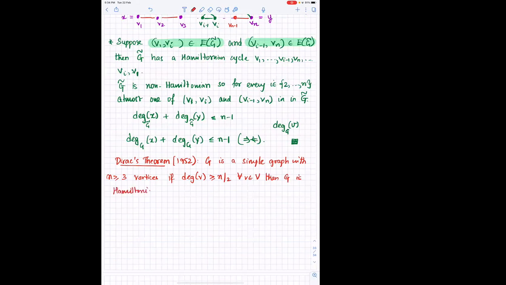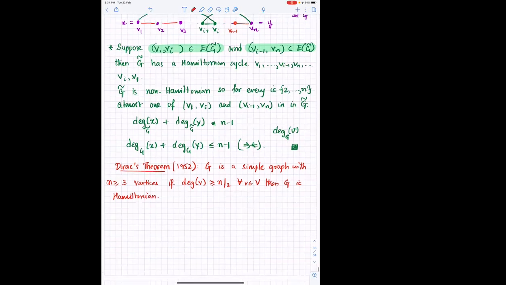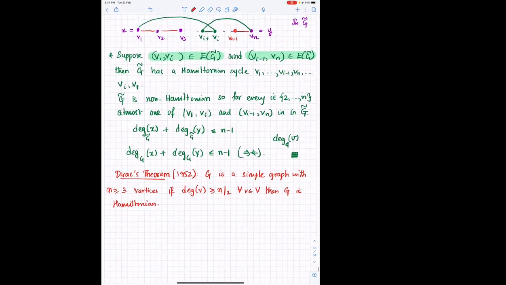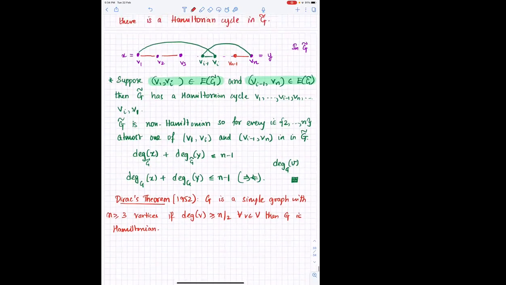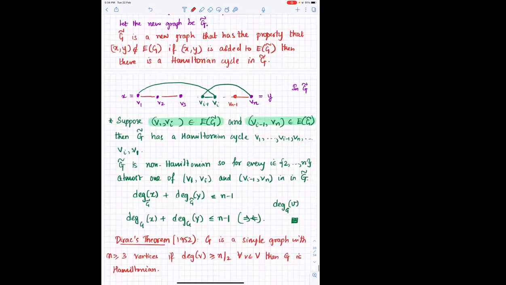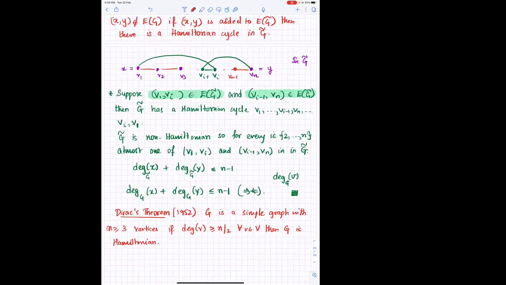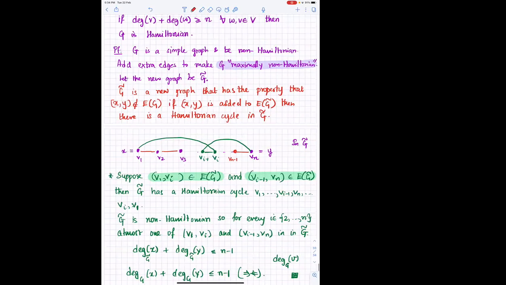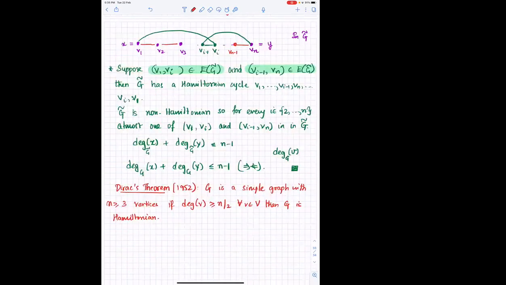This is just a corollary of the previous theorem by averaging arguments. If there is a vertex of degree less than n by 2, then it is not guaranteed. Okay, so this is one way to show that the graph is Hamiltonian. But unfortunately, we do not know any necessary and sufficient conditions for the graph to be Hamiltonian.